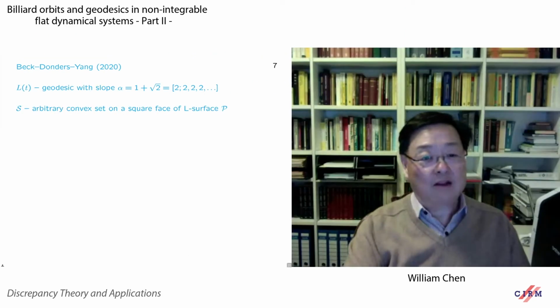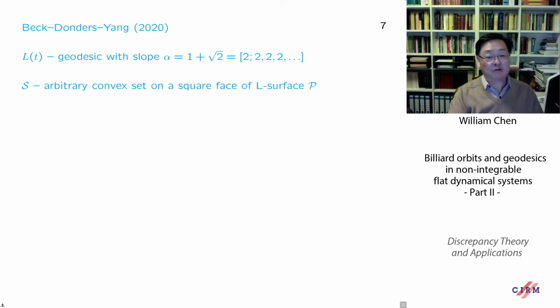Well, what Beck, Donders, and Yang managed to prove is the following. Let's suppose that we have a geodesic with slope alpha, which is 1 plus root 2.